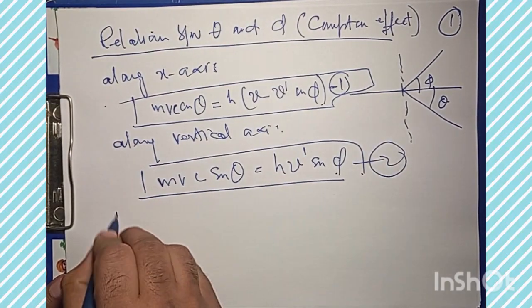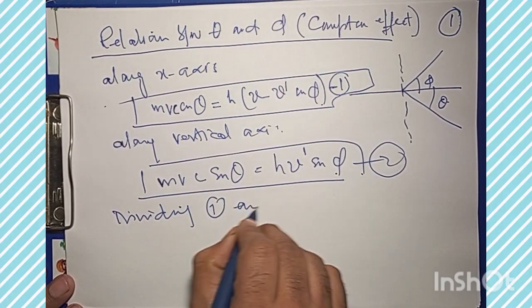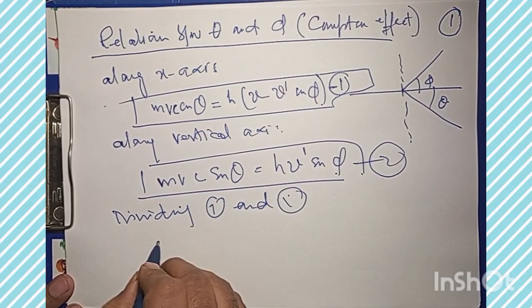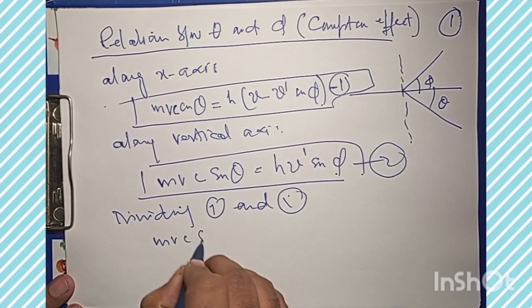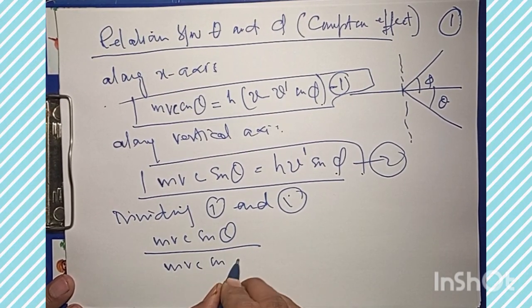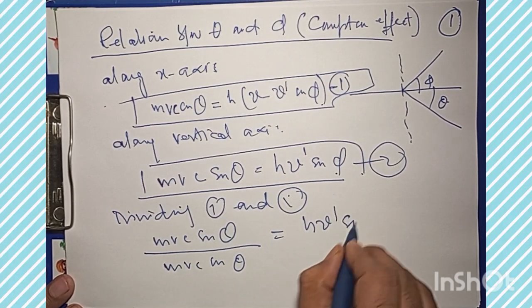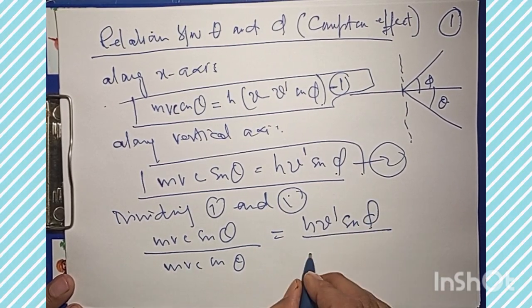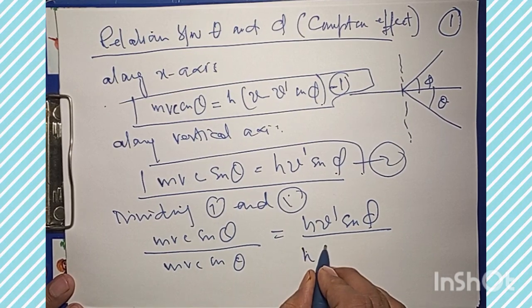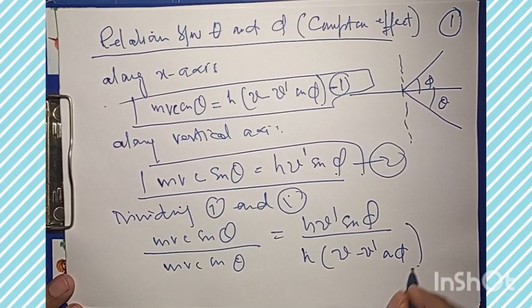Now if I divide these two equations, dividing 1 and 2, I have m v c sine theta by m v c cos theta equals h nu dash sine phi divided by h times (nu minus nu dash) cos phi.